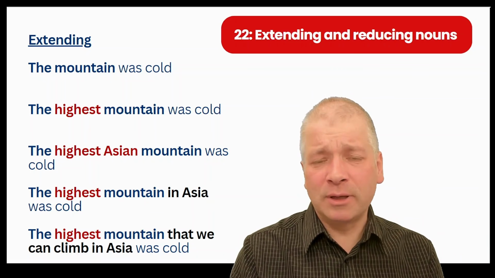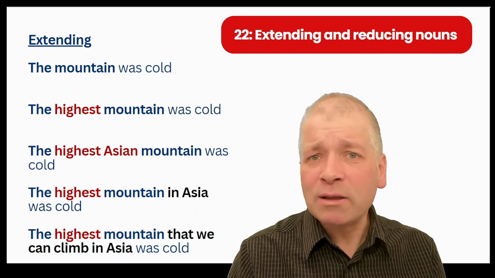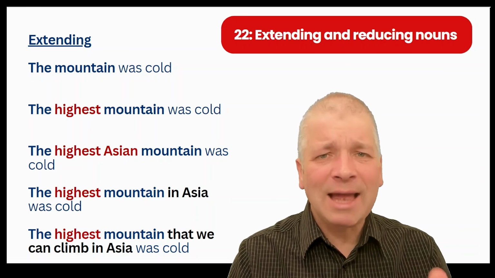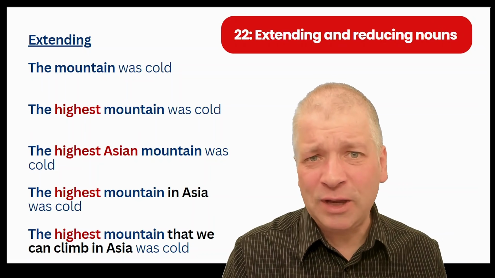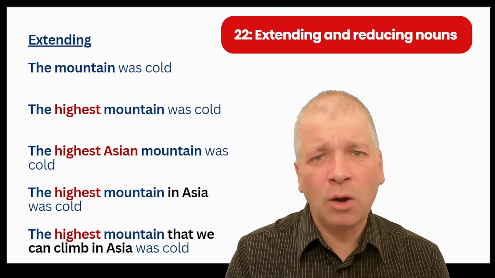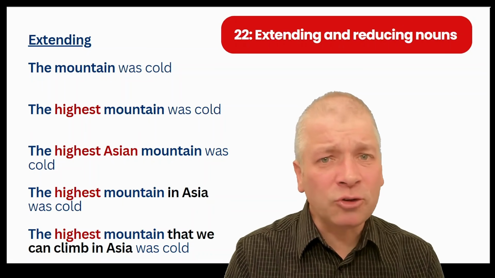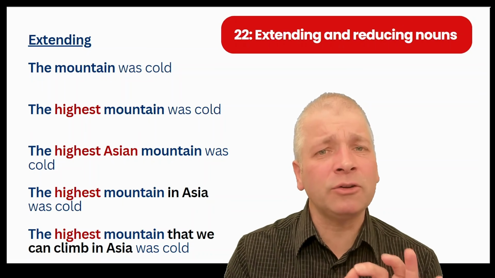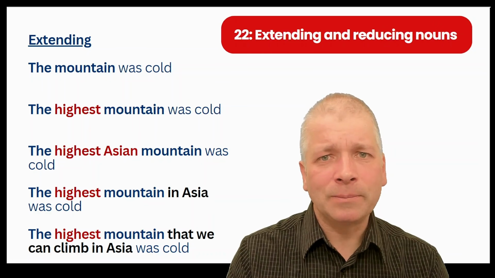Then after mountain, we can add a preposition phrase, such as "in Asia," or a relative clause, "that we can climb." And we can combine all of these different grammatical features together to create long noun phrases that tell us a lot about the noun. And advanced English speakers need to be able to do this. You need to be able to build a noun so it's large in a grammatically correct way.